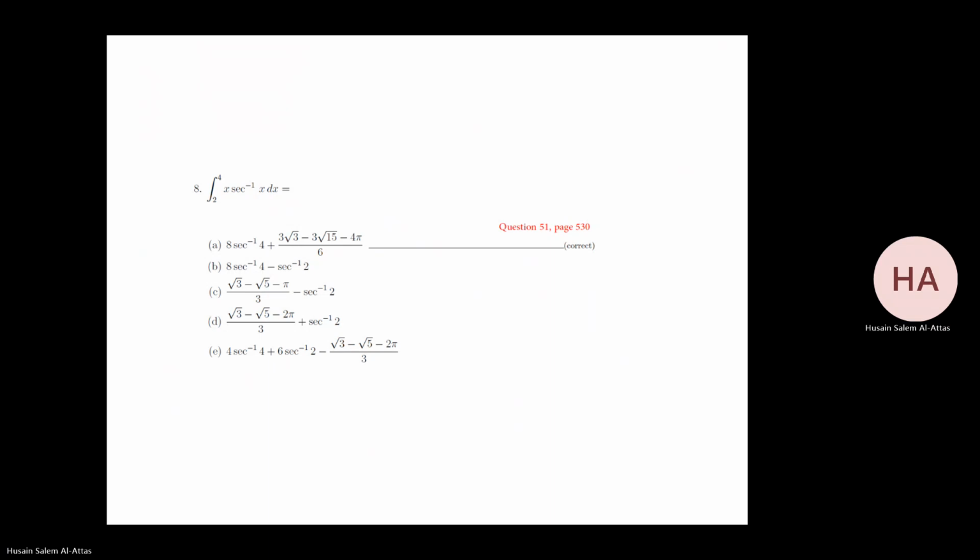x secant inverse of x. So for sure I will let u be secant inverse of x and dv be x dx. See what will happen. du will be what?